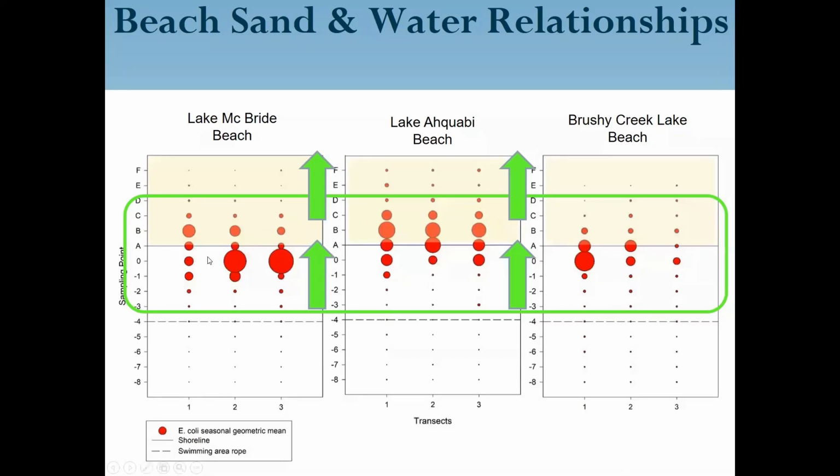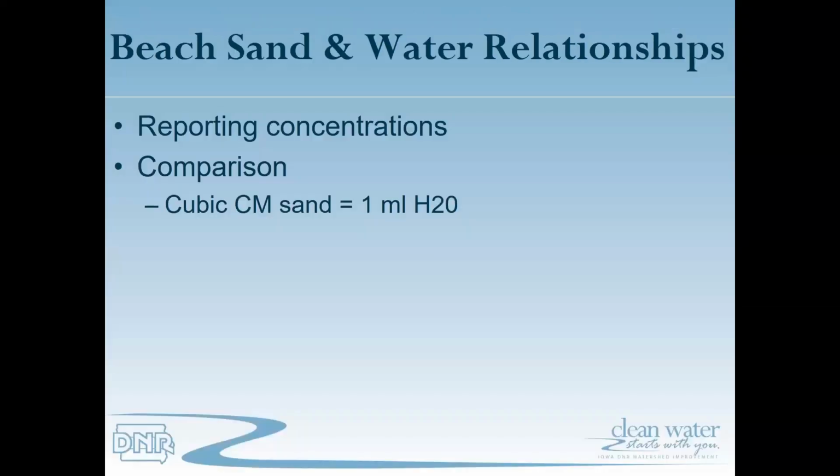So there's obviously a correlation of condition between these 2 zones. And to put into context just how impactful the conditions in the beach can be to the swimming zone environment, you have to think about what the concentrations are of bacteria that we observe in the 2 environments.